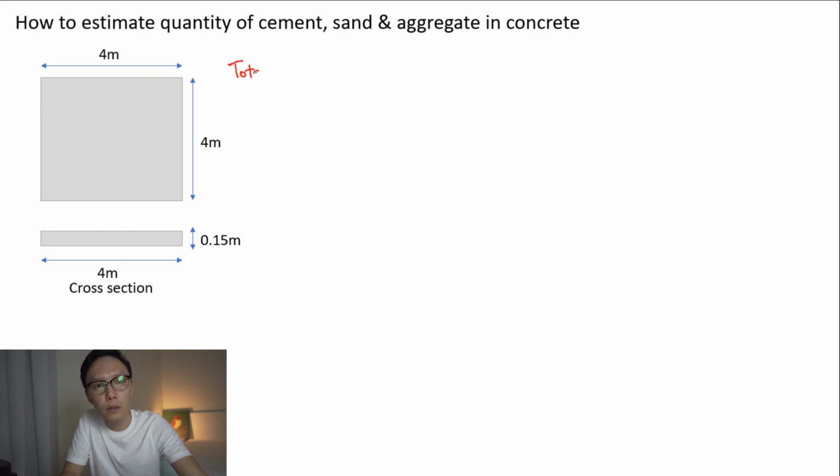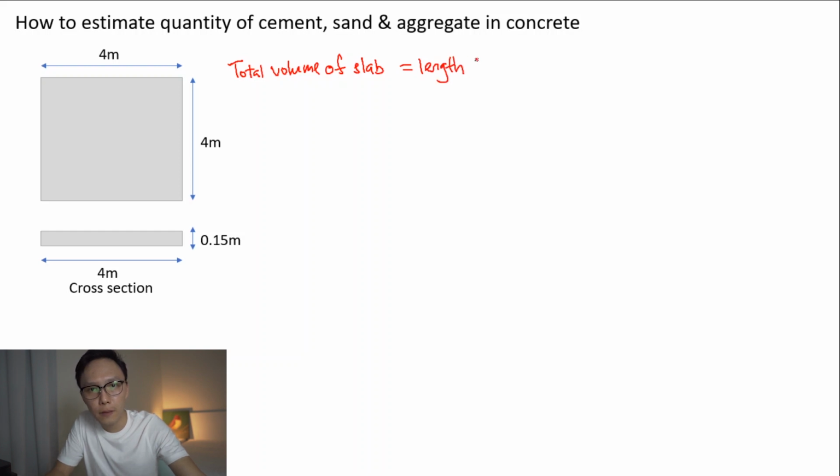So total volume of slab is actually the length times the width times the thickness or depth of the slab.